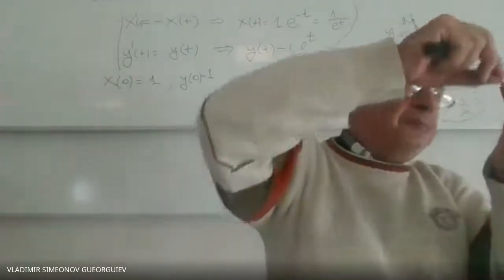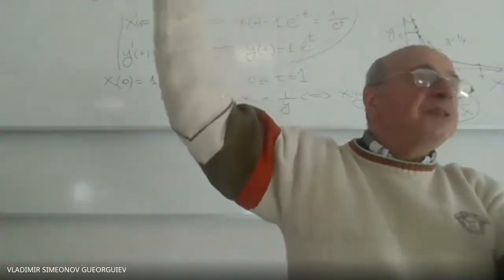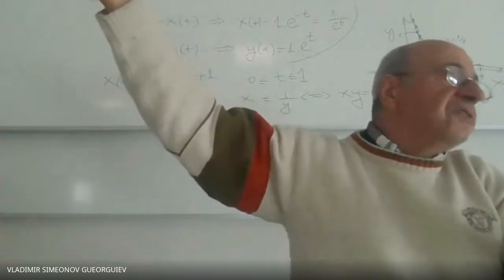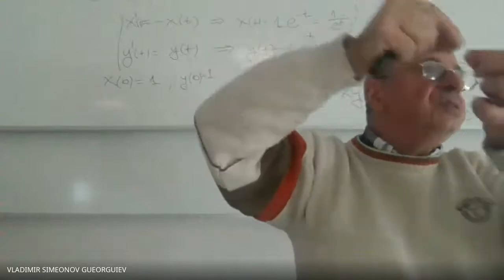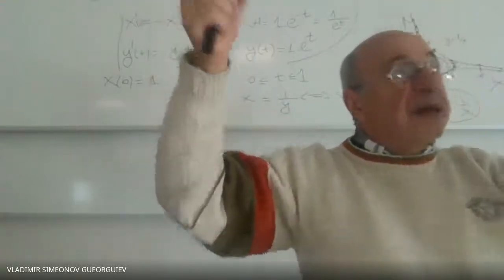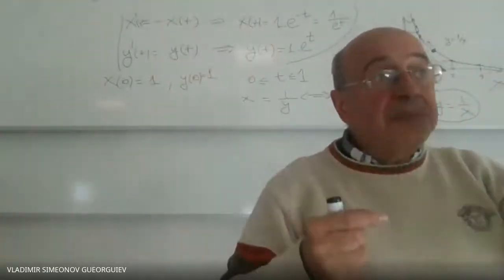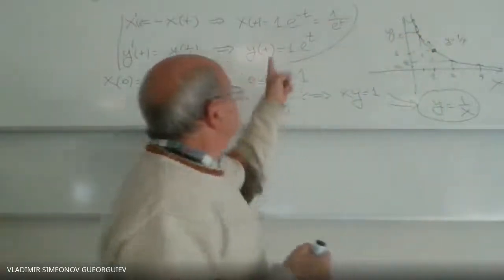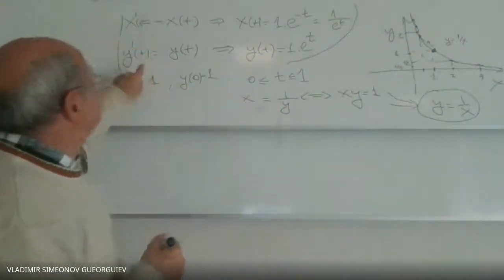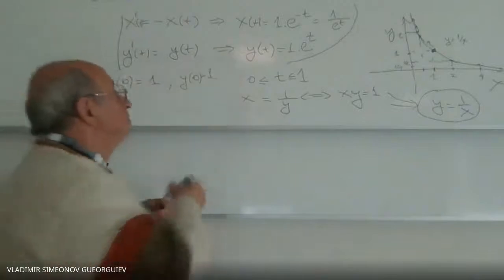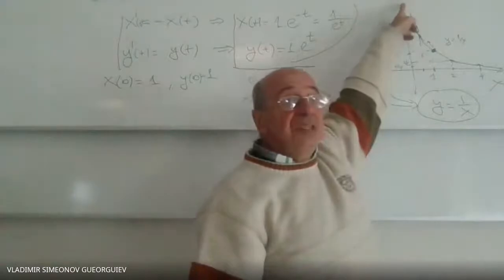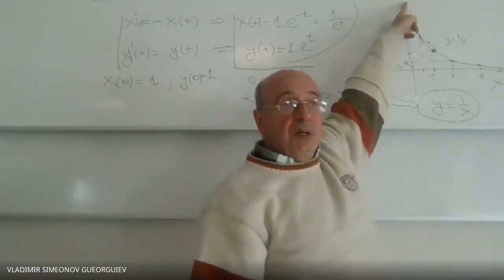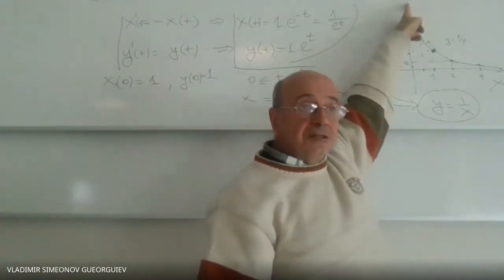You know, when you have a particle, the trajectory of the particle is a kind of curve, can also be a line, but in some sense, this is a curve. And therefore, the time is the parameter of the curve. As we have written here, this is the equation of the curve.